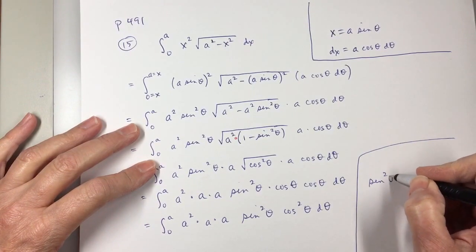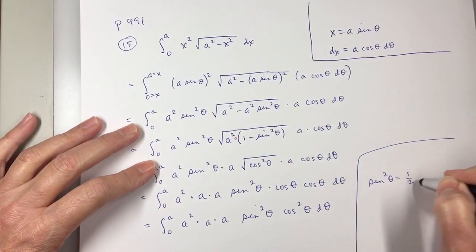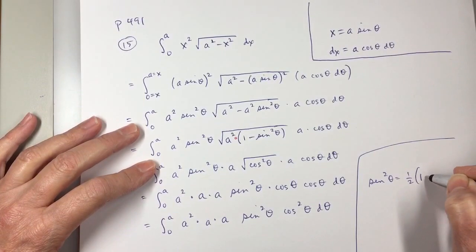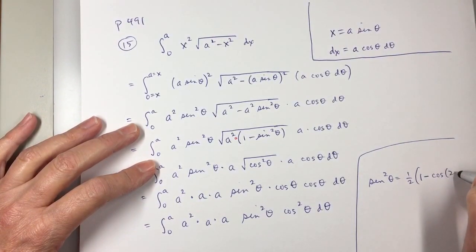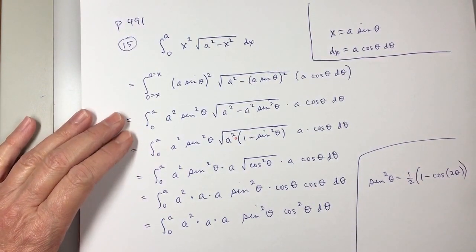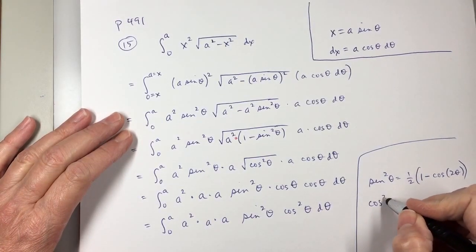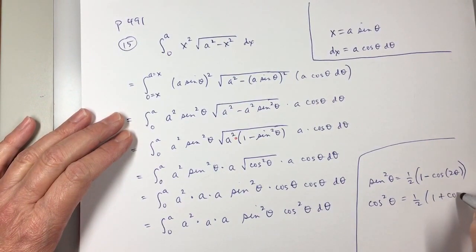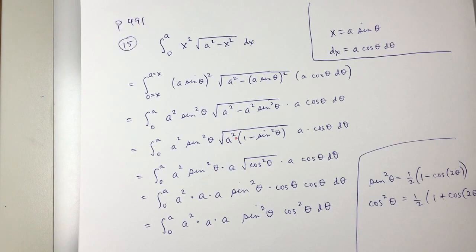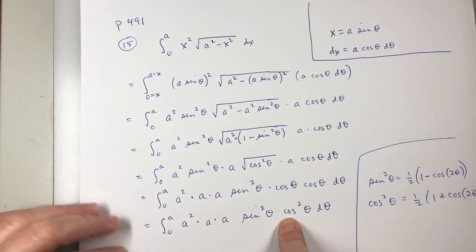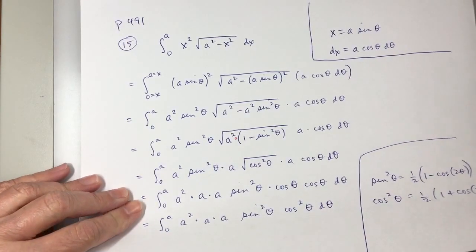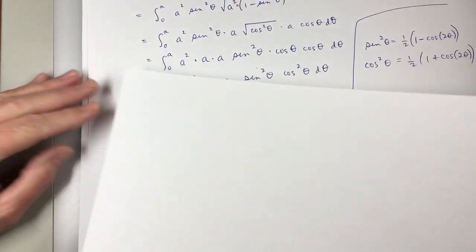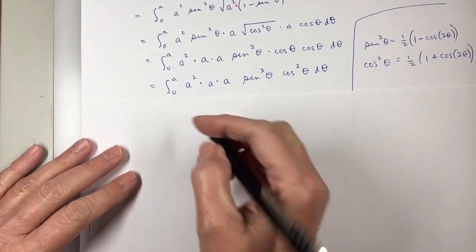Sine squared theta is 1/2 times 1 minus cosine 2 theta. And cosine squared theta is 1/2 times 1 plus cosine 2 theta. So I'm thinking of those two. Those are the ones I'm going to put in for these right here. And let's do that. So we'll have this.